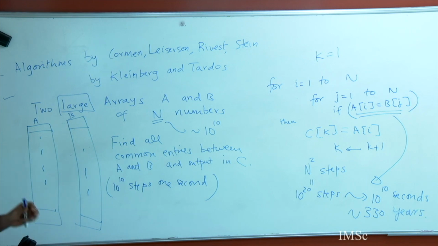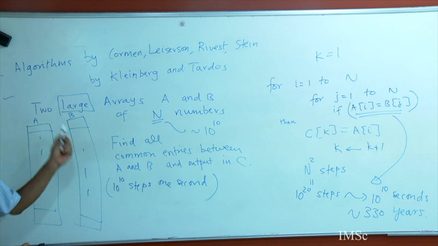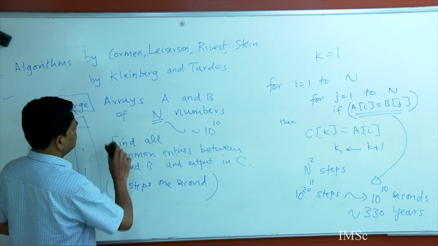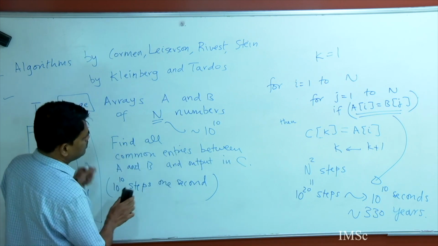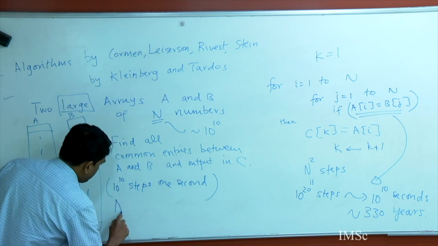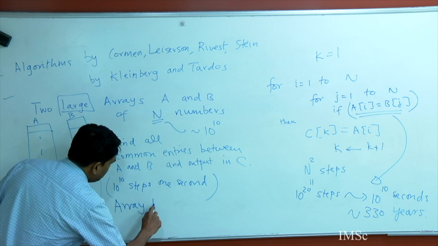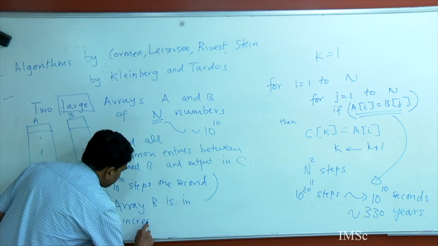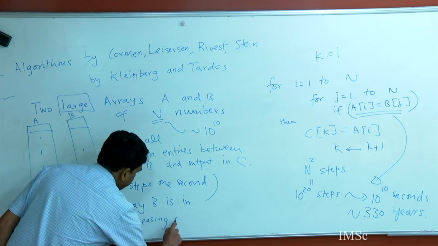Okay. So what can you do? Suppose somebody tells me that this array B is arranged in increasing order. It is the same problem, but suppose I tell you that in array A or array B, the numbers are in increasing order.